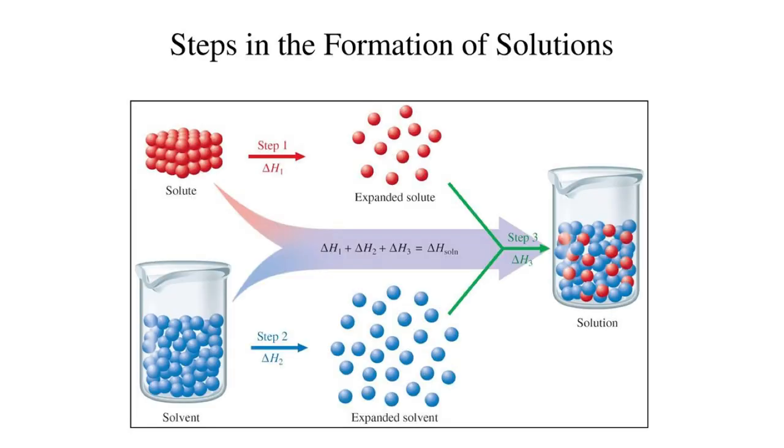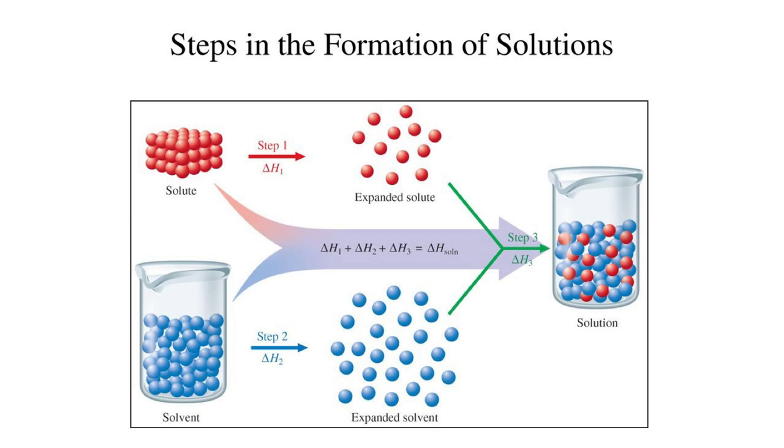So whenever a solid dissolves, there are really three separate processes that are all happening at the same time. The first process, which we call delta H1, or step 1, is that the solute particles have to separate from one another. In an ionic crystal, this would be equivalent to the lattice energy.